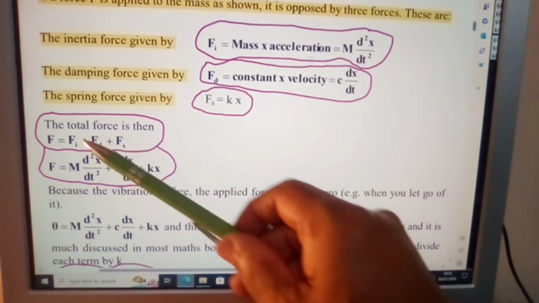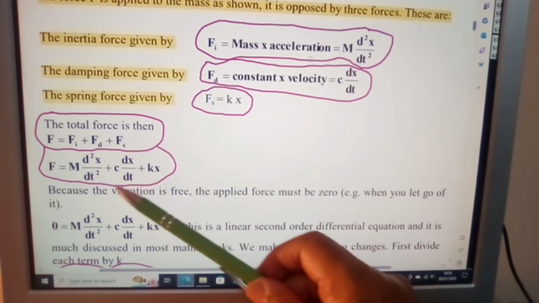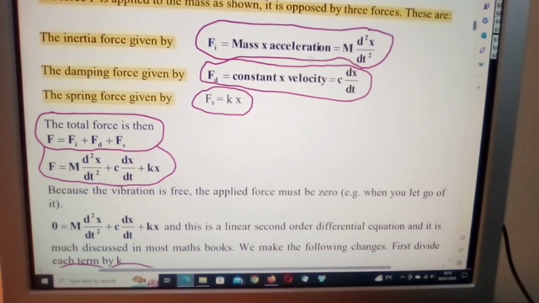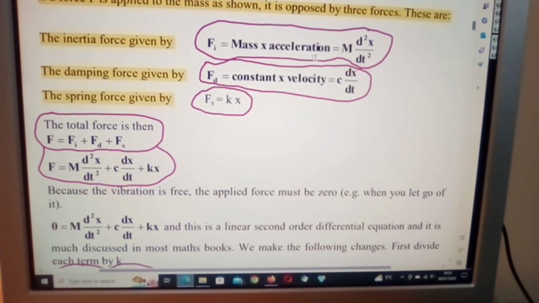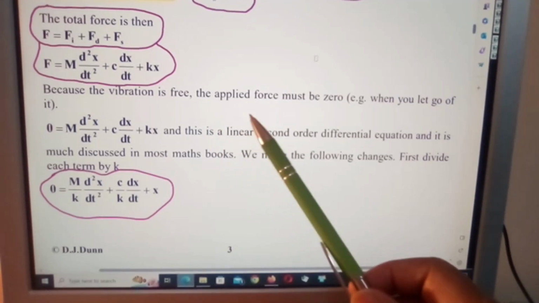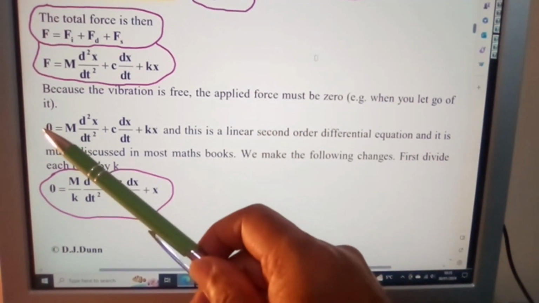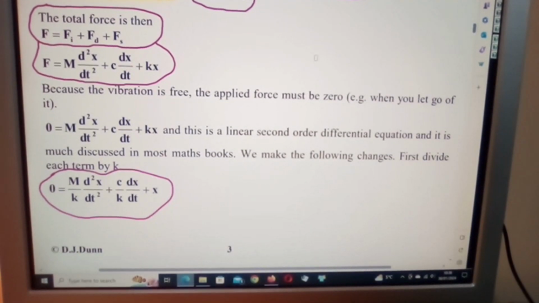Then the total force is the result of this, and applied by that as well. Because the vibration is free, the applied force must be zero when you let go of it.